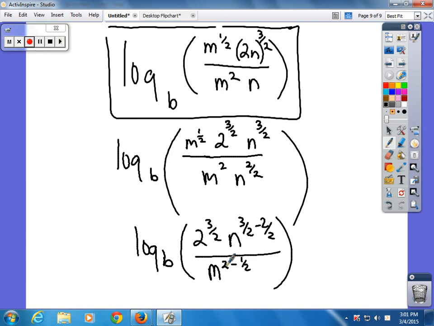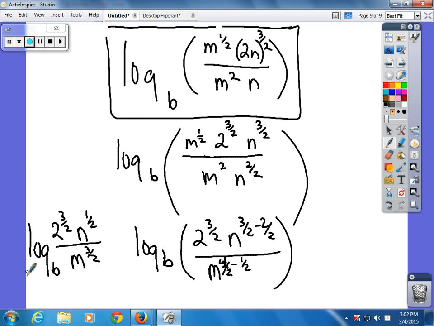And you can change this to 4 halves if you want to. So another possible answer that they may have is log base b of 2 to the 3 halves times n to the 1/2 over m to the 3 halves.